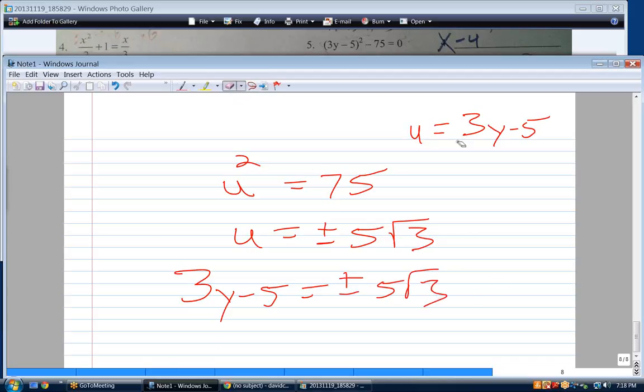You don't need to actually do this substitution. We didn't do it when we solved it, but essentially we were doing that. We were substituting u for that.